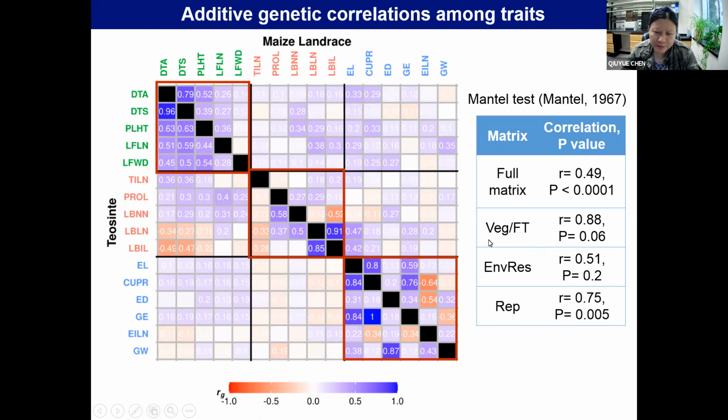We also performed a test for each submatrix for each trait group, and we found they are even better preserved, especially for vegetative or flowering time traits, followed by reproductive traits.